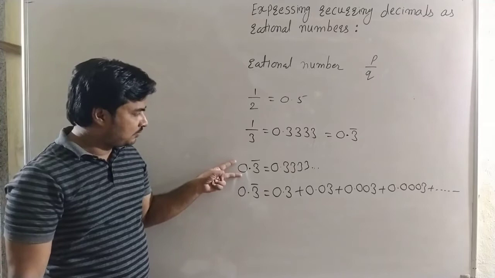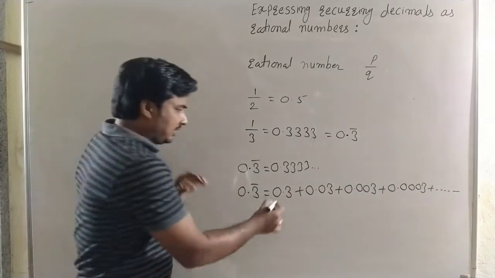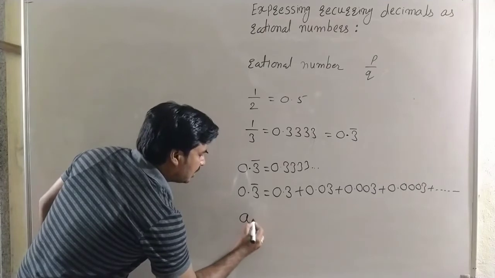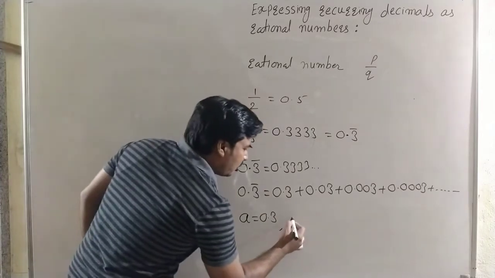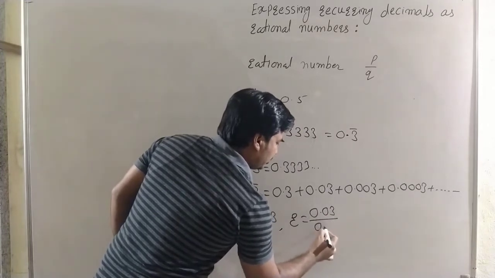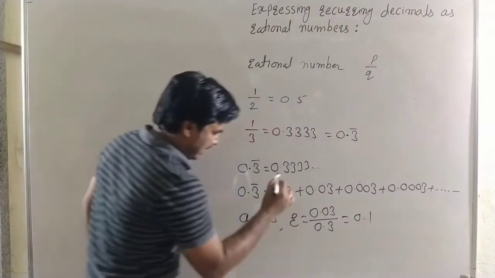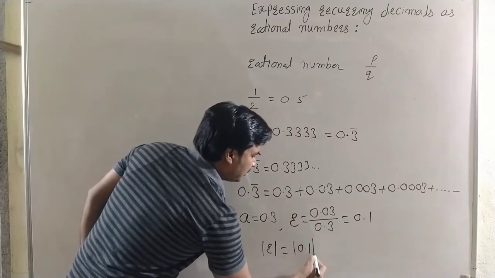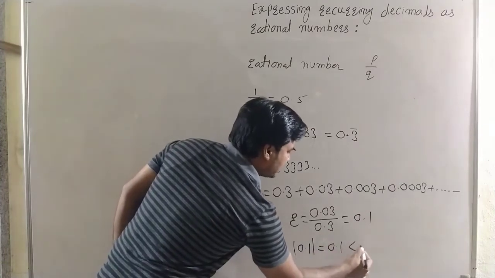The recurring decimal is converted into a sum of these infinite terms, and these infinite terms are in a geometric progression. See carefully. Here the first term is 0.3, and the common ratio r is 0.03 upon 0.3, and the calculation gives 0.1. Now mod of r is mod of 0.1, which is 0.1, and which is less than 1.